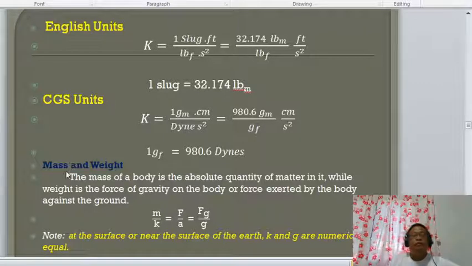Take note that at or near the surface of the earth, K and g are numerically equal. So near the surface of the earth, K and g, the constant of proportionality and the gravitational acceleration, are the same.